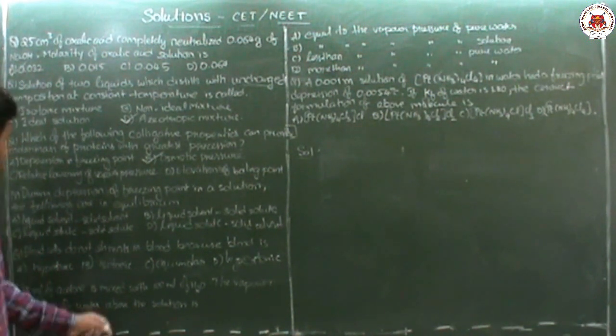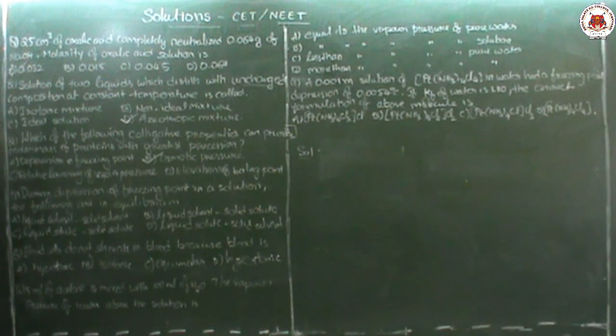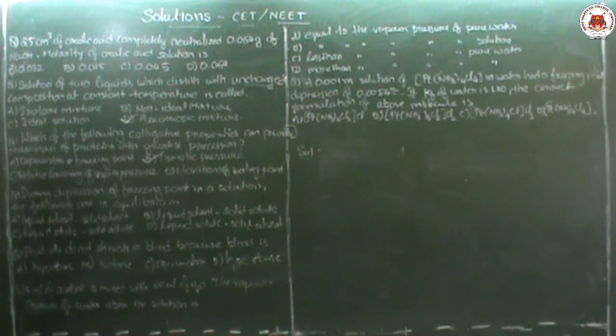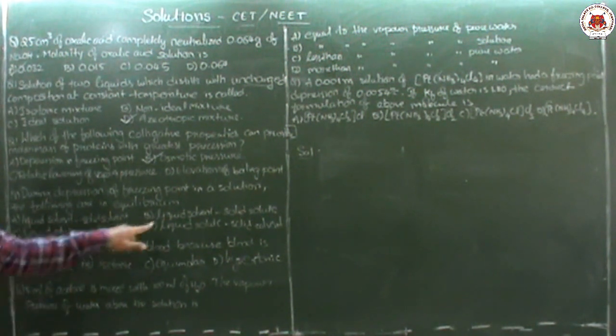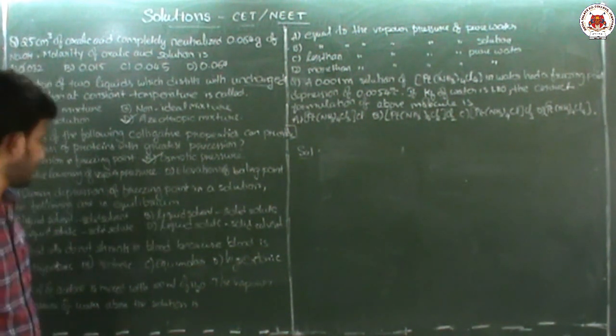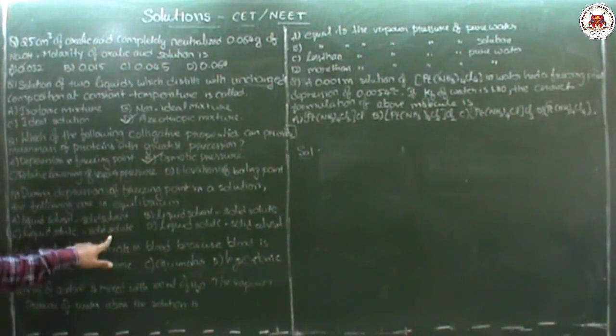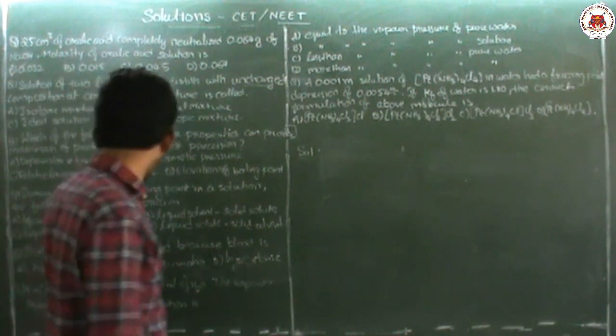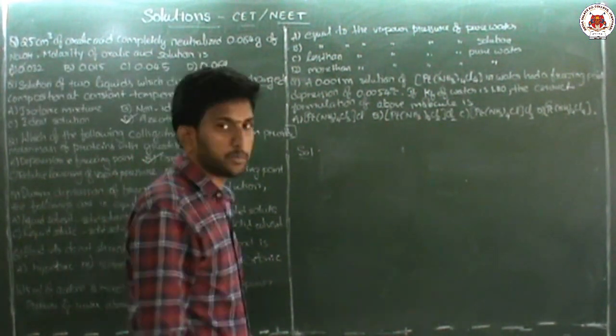Okay. Next. During depression of freezing point in a solution, the following are in equilibrium: liquid solvent, solid solvent; liquid solvent, solid solute; liquid solute, solid solute; liquid solute, solid solvent. Now we are talking about the depression of freezing point.